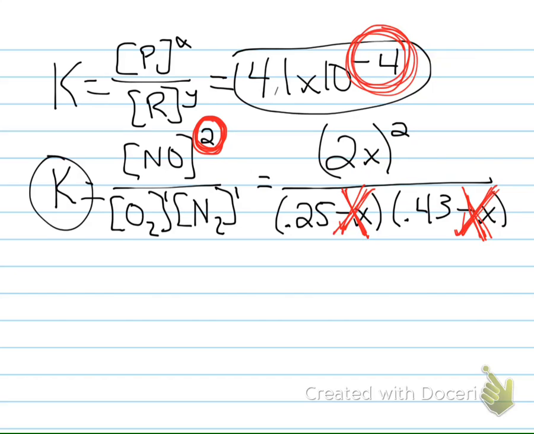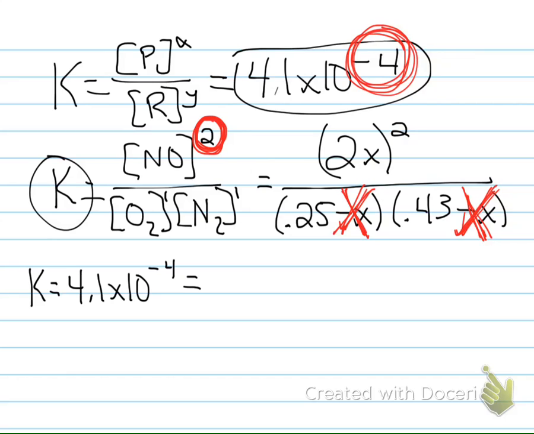And so that's the x that we're going to solve for. So rewritten, K, which is 4.1 times 10 to the negative 4th, equals 2x, the quantity, squared.